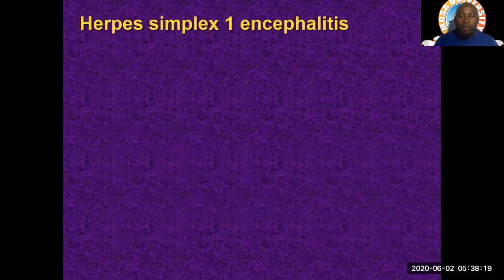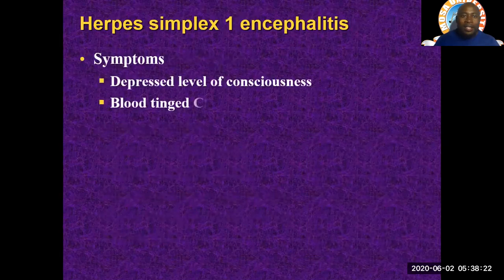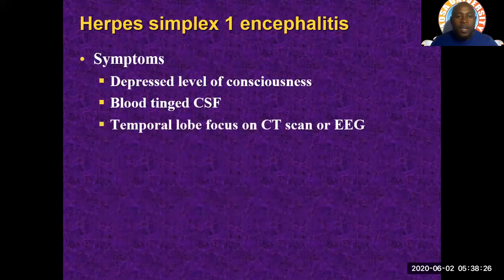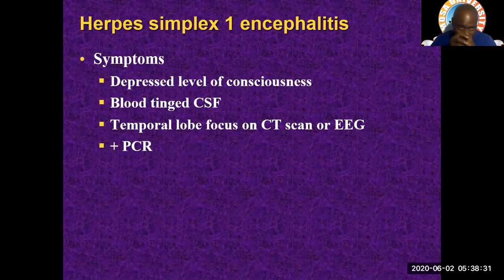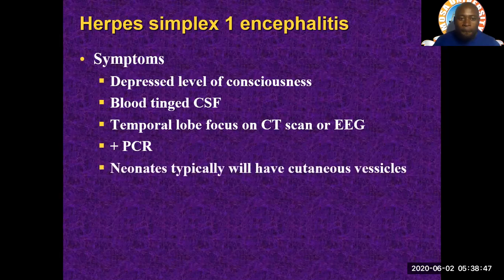The signs and symptoms of herpes simplex 1 encephalitis: these patients present with depressed levels of consciousness. When you do a CSF, you find blood in the cerebrospinal fluid. On CT scan or EEG, there will be a temporal lobe focus. There will also be a positive polymerase chain reaction.